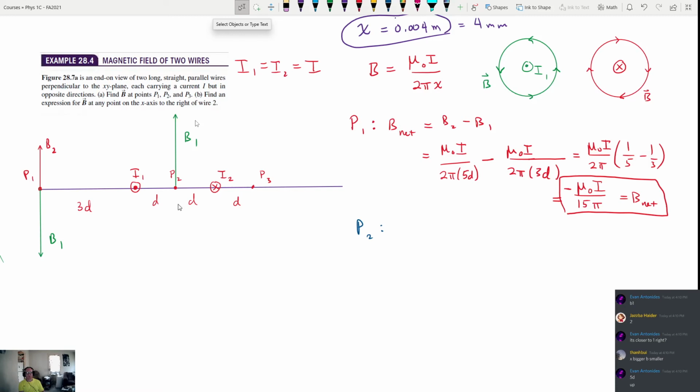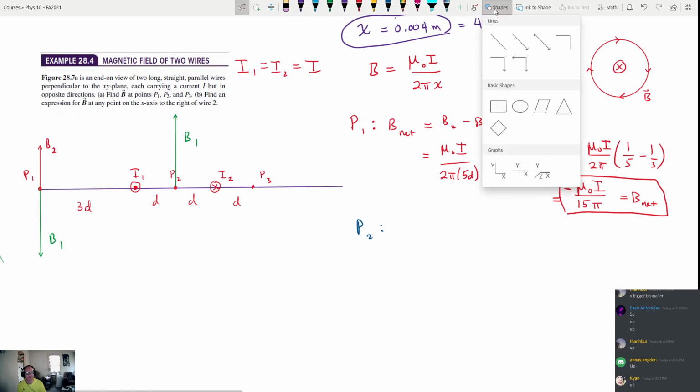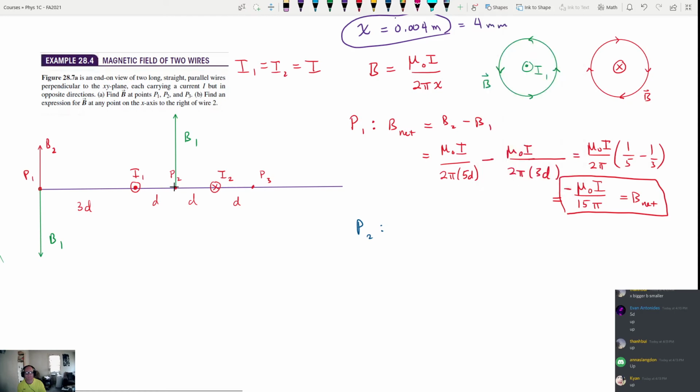What about I2? Does it point up or down at this point? At point 2, what's the direction of the magnetic field for I2? Also up, right? And these two should be, what, the same size, different size? What do you think? They should be the same, right? You're exactly the same distance away in both cases. So the size of the magnetic field should be the same because the distance is d for each one of them.